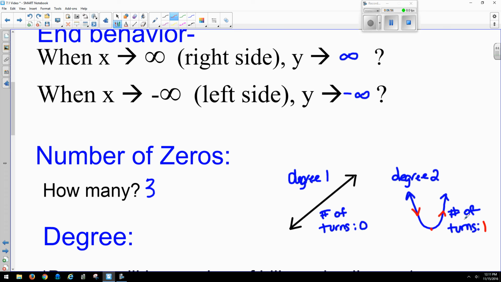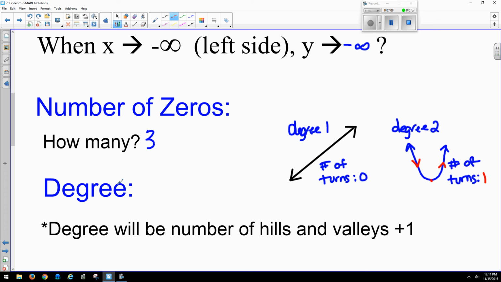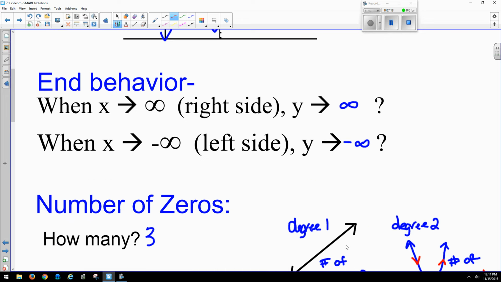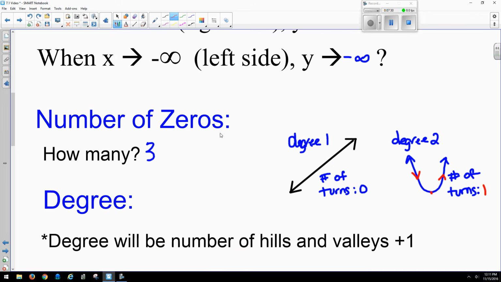And so this pattern actually continues when we're talking about polynomials. If we talked about a degree 3, there would be 2 turns, and so on. So the degree is always going to be, one way of putting it, the number of hills and valleys plus 1. So if we're looking at the degree of this particular function graphed here, it changes direction once, twice, and so the degree is that plus 1.